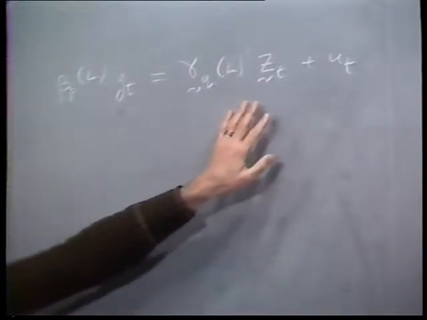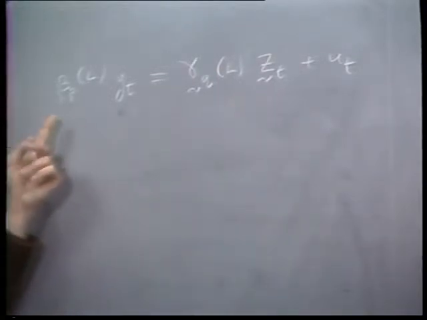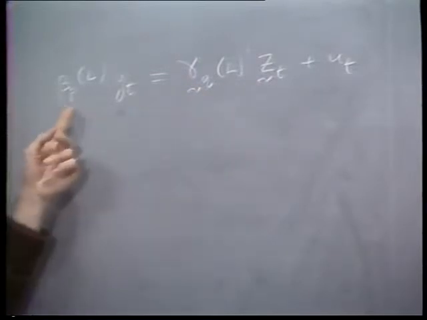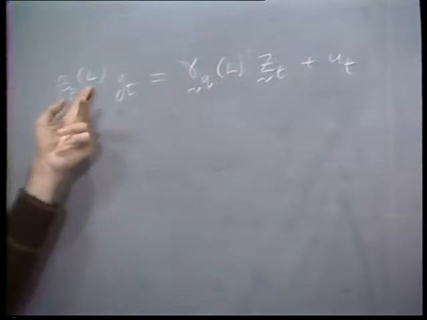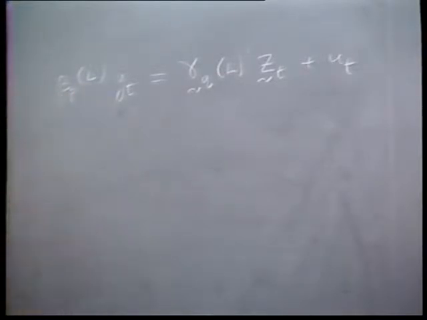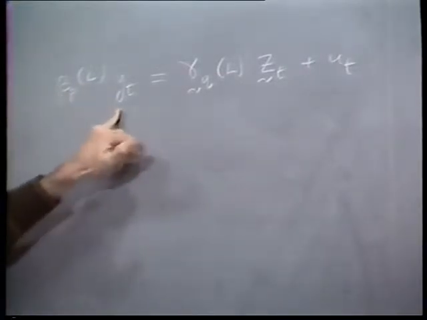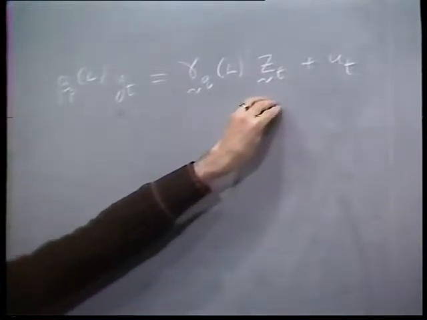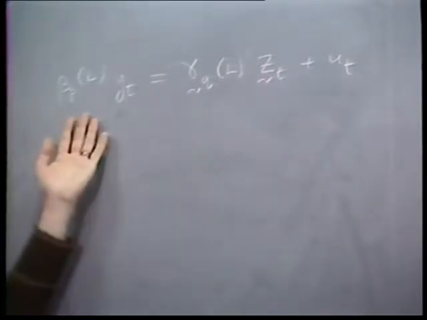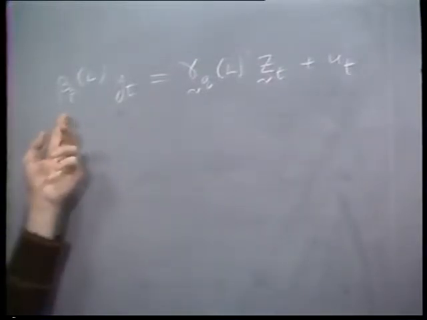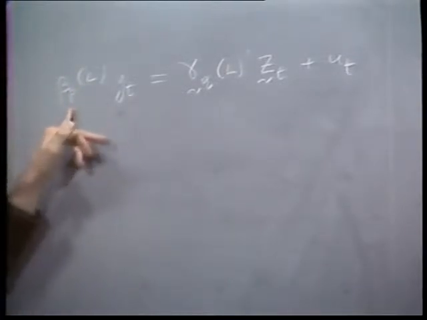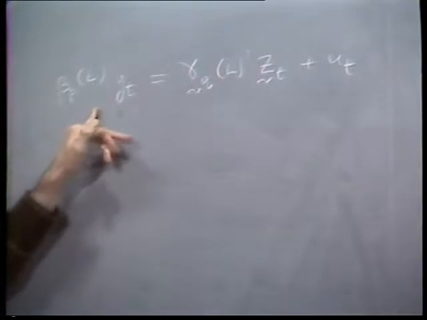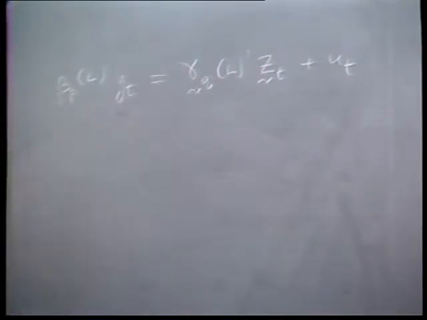That's in general. But for this specification, I've introduced a scalar polynomial in the lag operator L, so that in fact the lags of yt I've removed from the explanatory variables on the right-hand side and brought to the left by using this polynomial, beta p of L. The p subscript denotes that this polynomial in L is of order p.